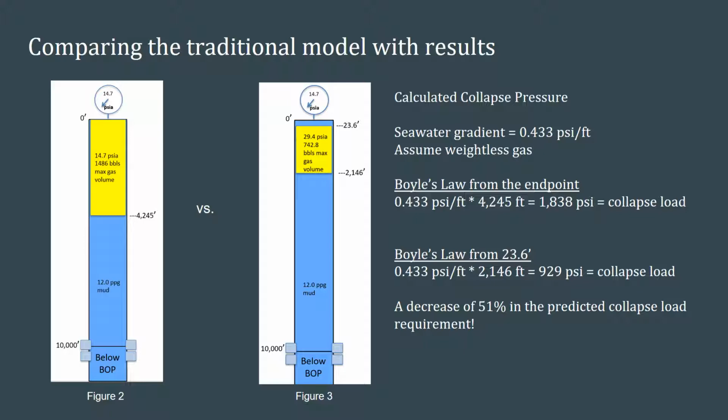The calculation of the gas volume at 23.6 feet gives a collapse load of 929 psi from the seawater. With only a difference of about 20 feet, we see that an error of 50% is introduced into the predicted collapse load requirement.